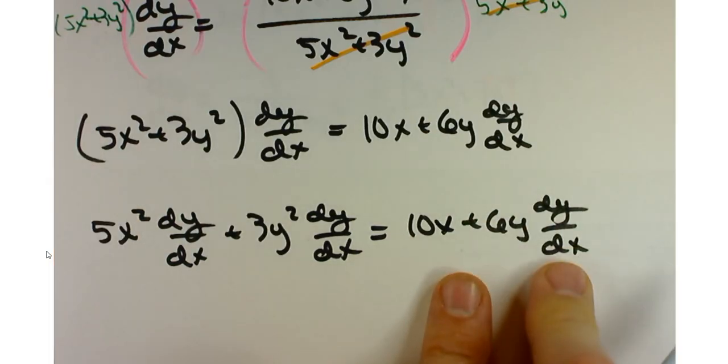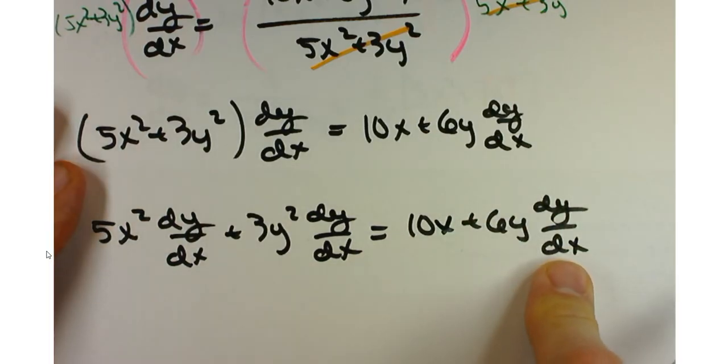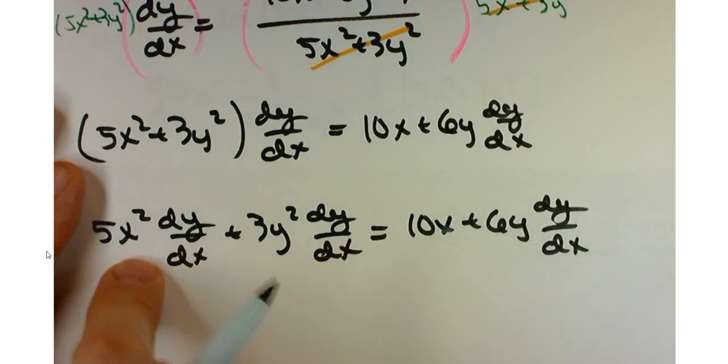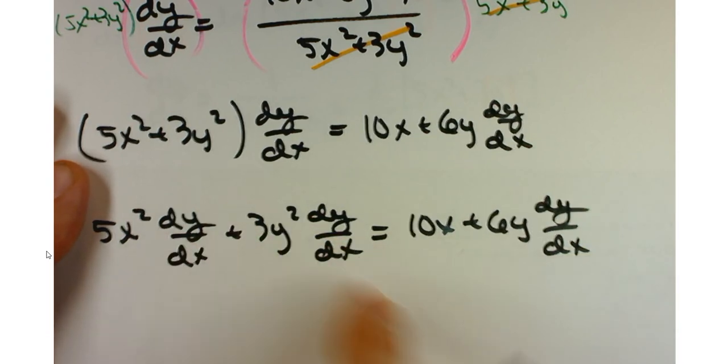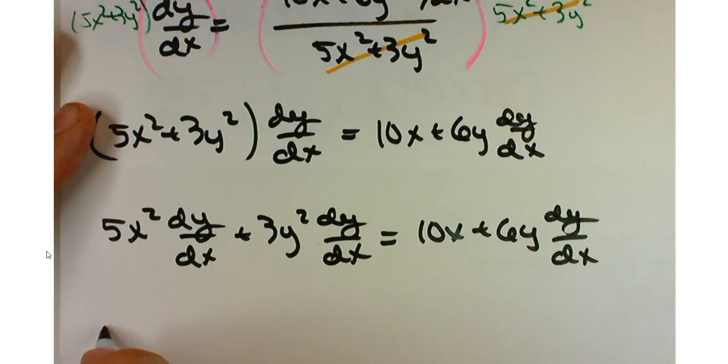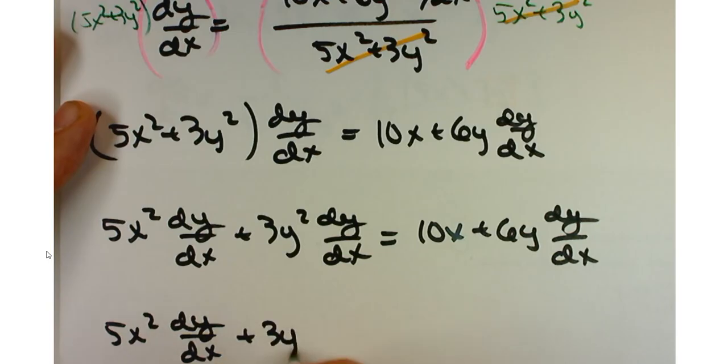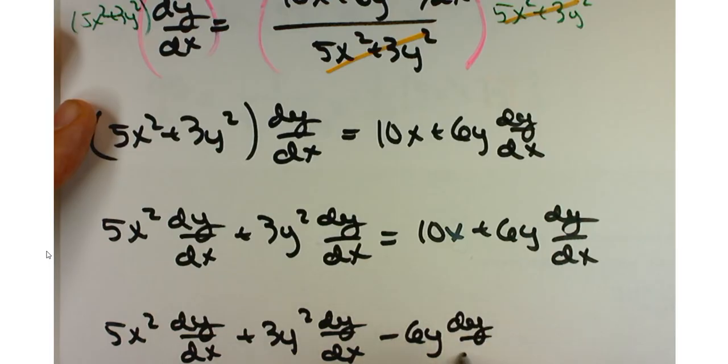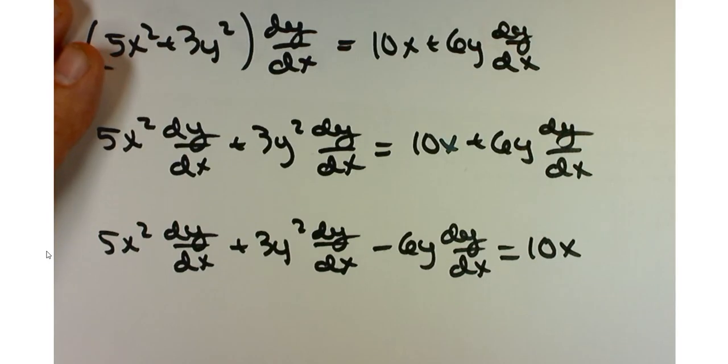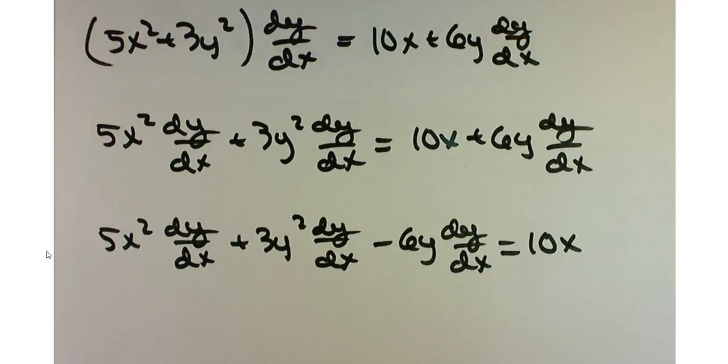Since I want dy by dx by itself, let me move this term to the other side with the rest of the dy by dx's. So it's going to be 5x squared dy by dx plus 3y squared dy by dx minus 6y dy by dx equals 10x. Almost done.